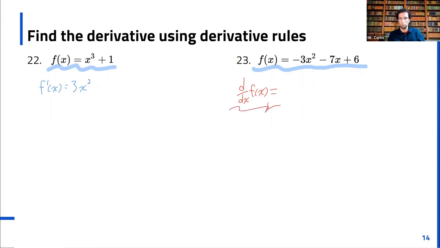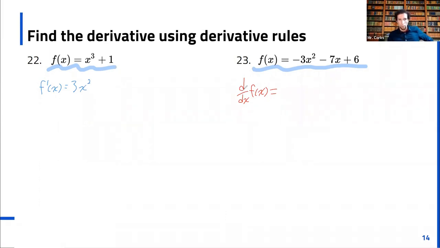What does this thing mean? What does this represent? This is also the derivative. These two things are the exact same thing, just a different way of writing it.